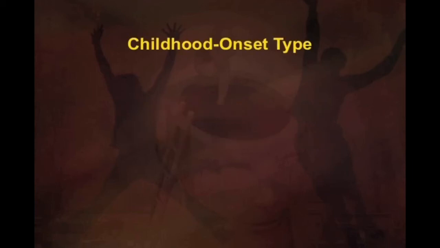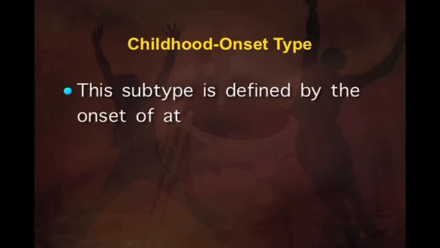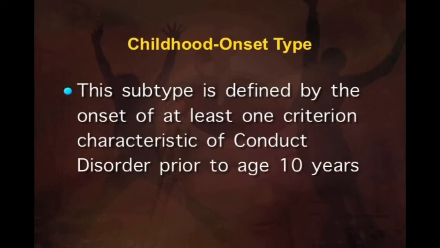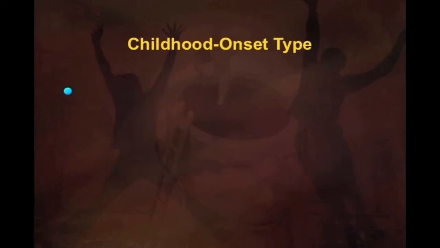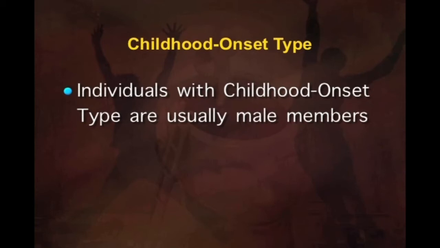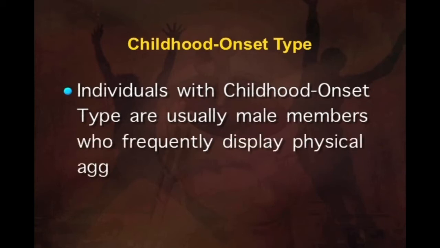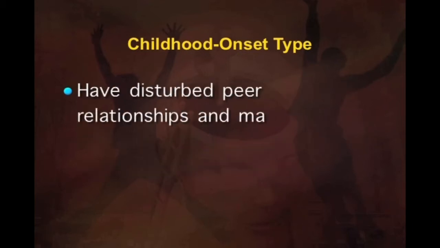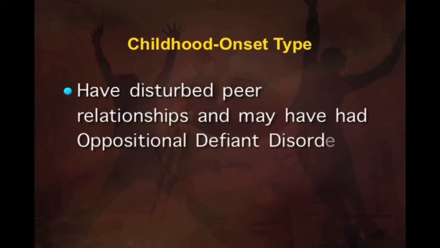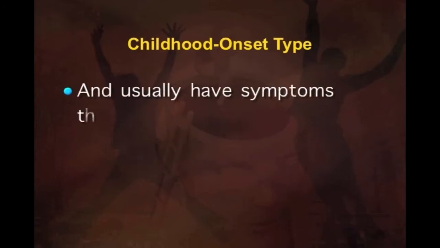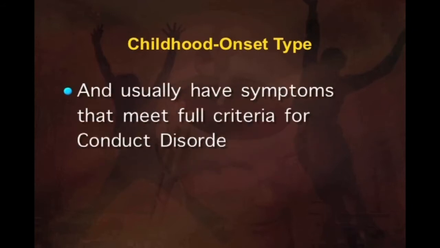Childhood onset type. This subtype is defined by the onset of at least one criterion characteristic of conduct disorder prior to age 10 years. Individuals with childhood onset type are usually male, frequently display physical aggression towards others, have disturbed peer relationships and may have had oppositional defiant disorder during early childhood, and usually have symptoms that meet full criteria for conduct disorder prior to puberty.